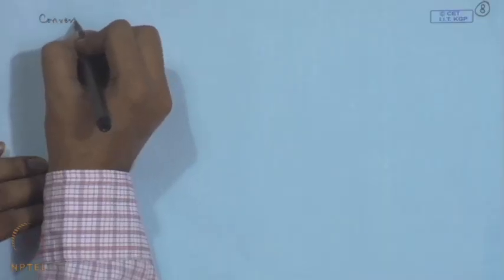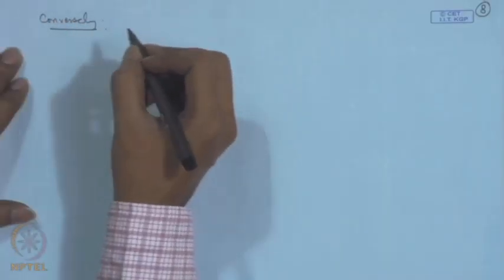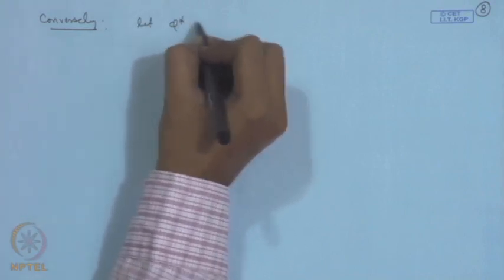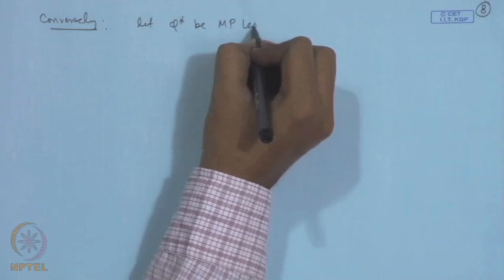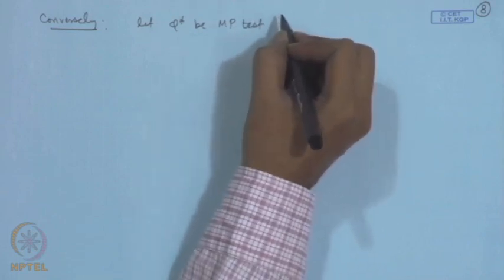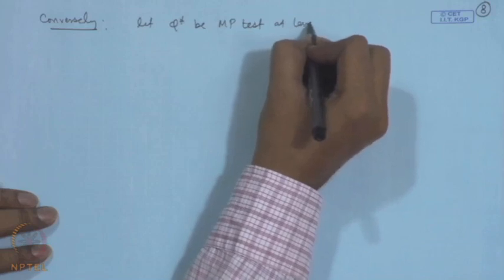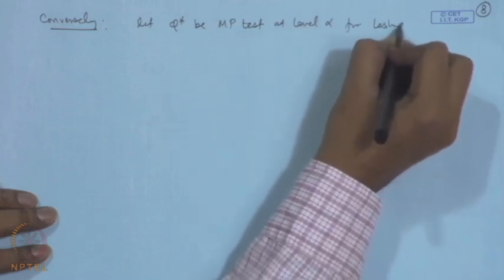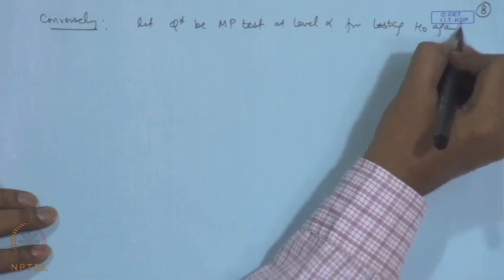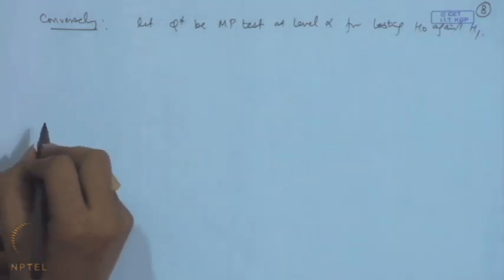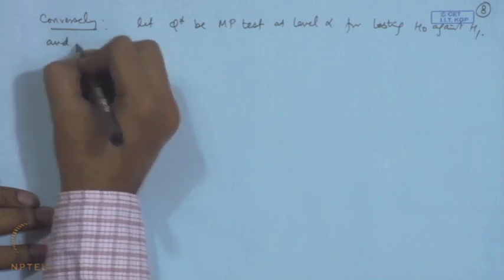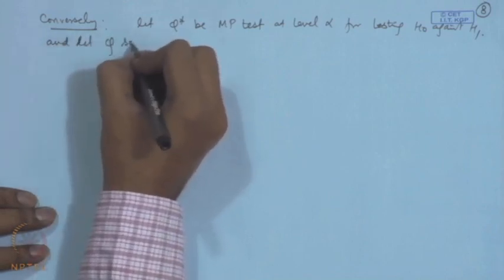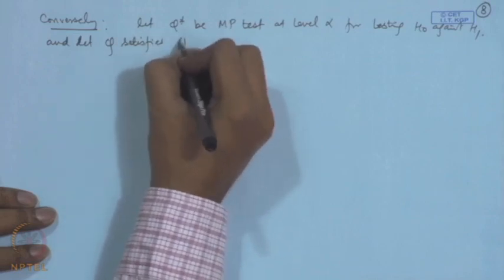Now, let us prove the converse part of this. So, let phi star be another most powerful test at level alpha for testing H naught against H1 that we have specified here, and let us consider that phi satisfies conditions 1 and 2.